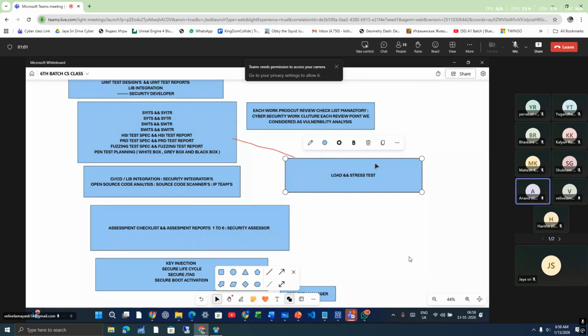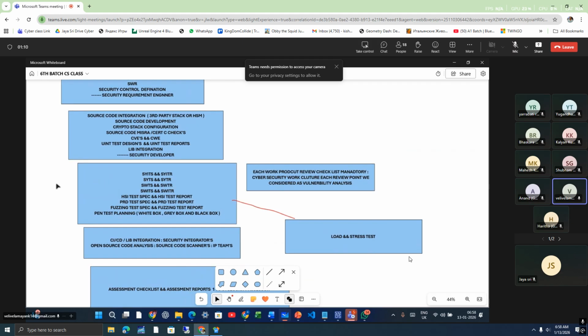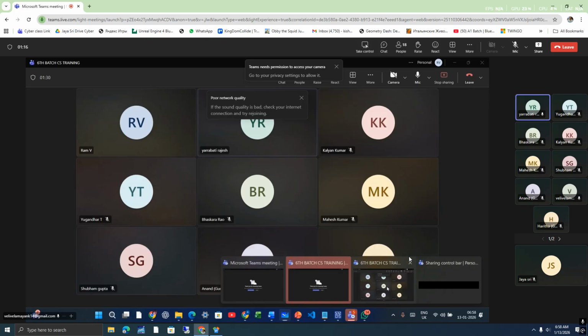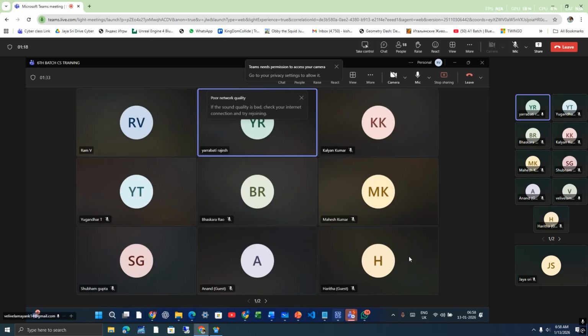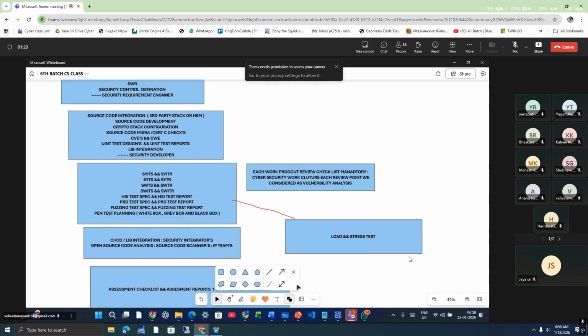Got it. Okay, now slowly I'm moving to developer. Ram, unit test design, this thing is done by the unit development group, right?